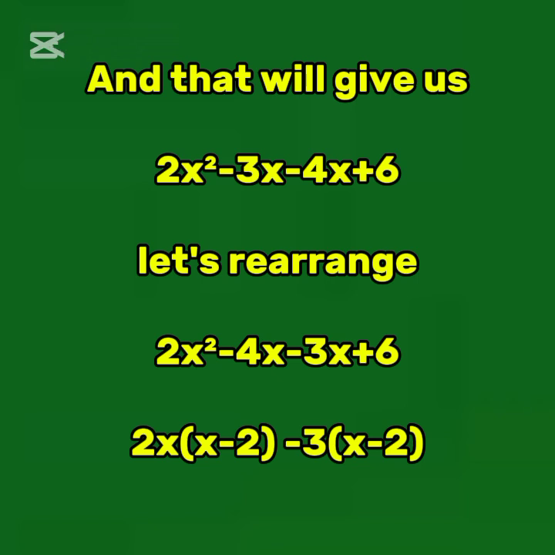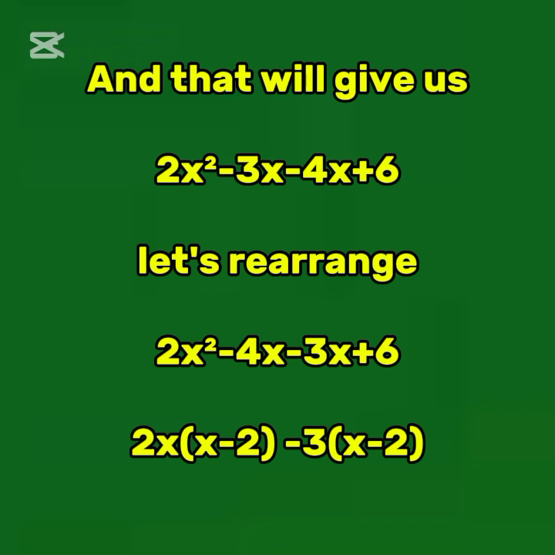But let's rearrange. Not that if we don't rearrange we cannot continue, but 2x and 4x have something in common and 3x and 6 have something in common, so it will be easier for us to solve. Even if you don't rearrange it, you can still solve the problem, but I choose to rearrange. So rearranging, we'll have 2x squared minus 4x minus 3x plus 6.